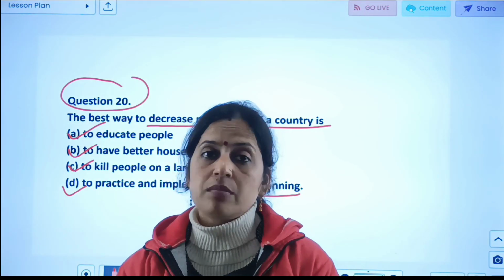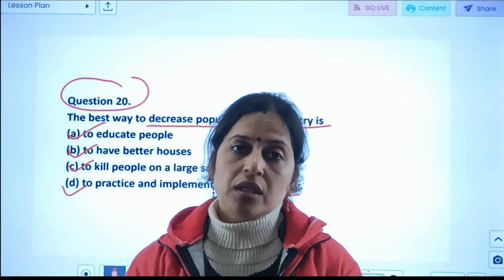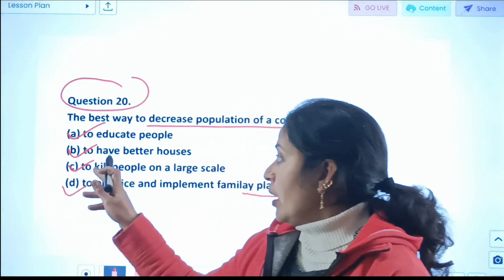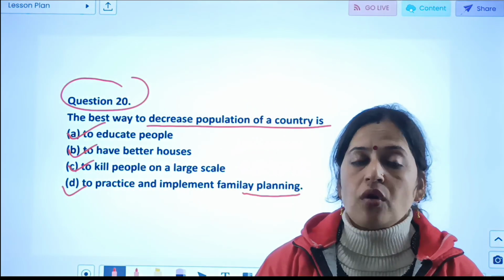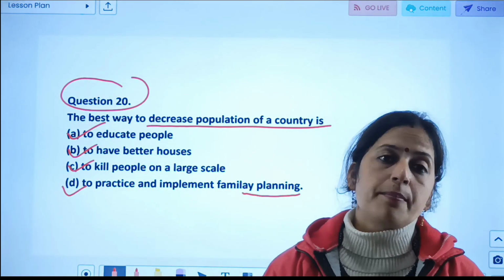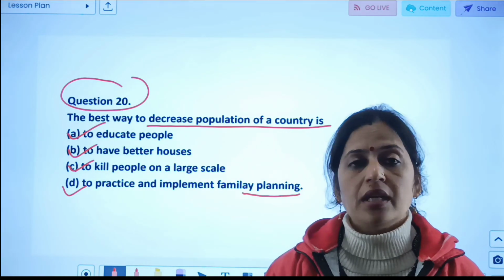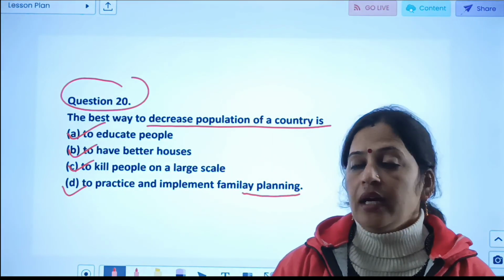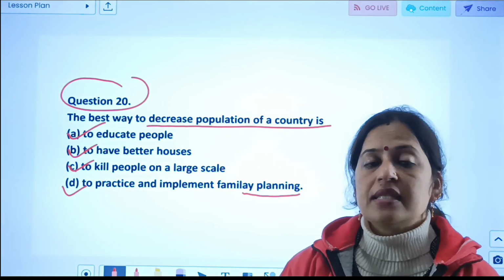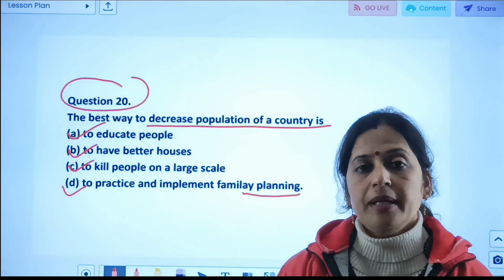So here the best way to decrease the population in our country is to practice and implement family planning.